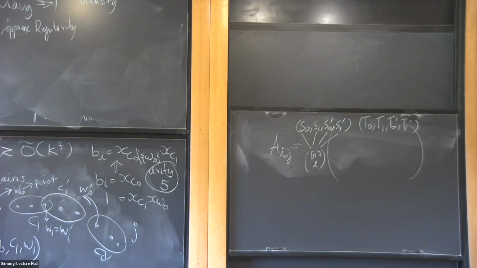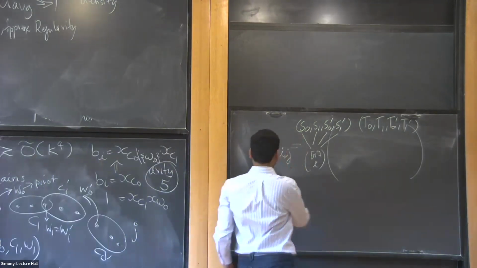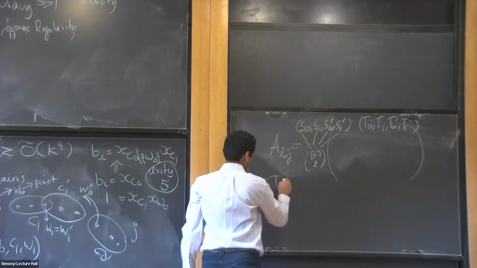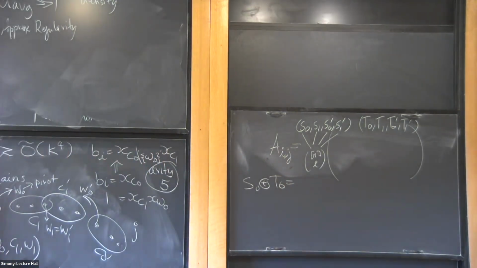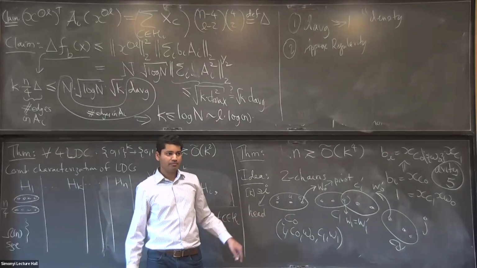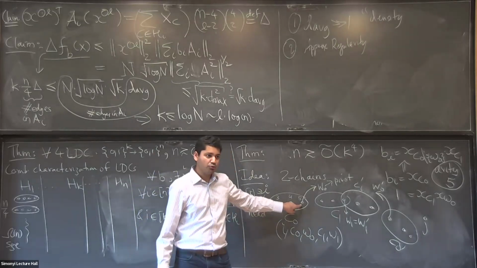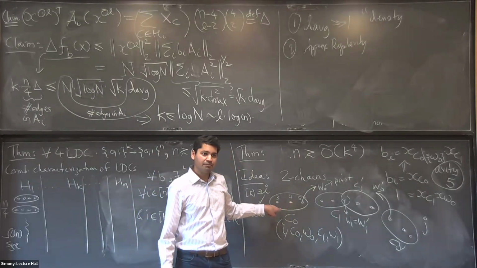So what I'm going to ask this matrix to do is that the symmetric difference of S0 and T0 should be equal to the uncancelled vertices in C0. Notice that this vertex is cancelled out, so there are 2 vertices left.